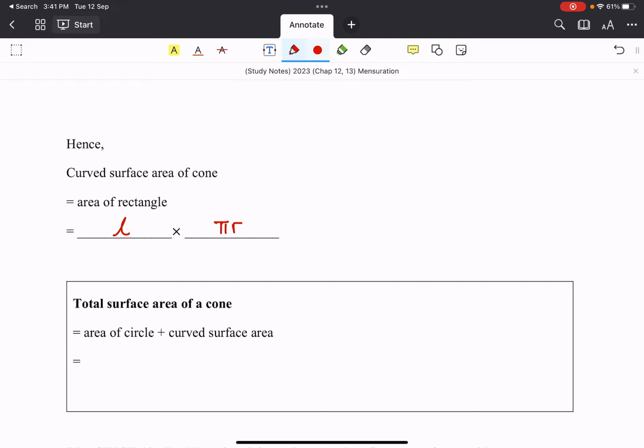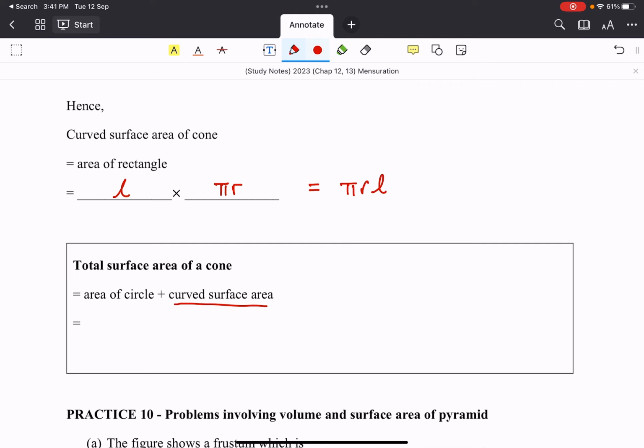So this rectangle comes together to create pi r l, which is the area of the slanted side of the cone. In a cone we call it the curved surface area. Let's follow the same terminology. The total surface area of the cone will be the area of the circle, which is pi r square, plus pi r l. There we go.